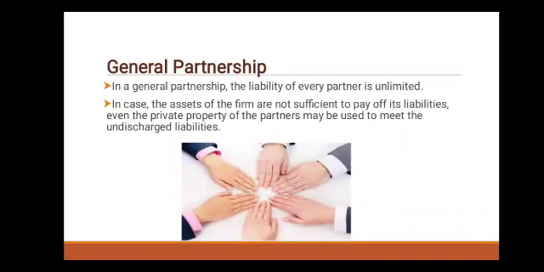First, general partnership. In a general partnership, the liability of every partner is unlimited. In case the assets of the firm are not sufficient to pay off its liabilities, even the private property of the partners may be used to meet the undischarged liabilities.